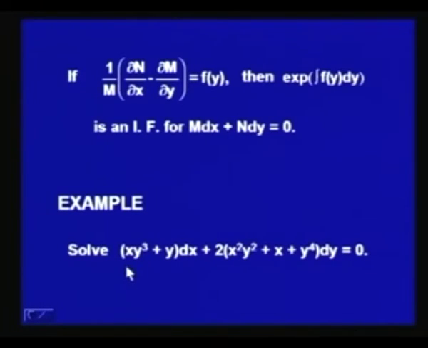For example, let us consider the differential equation (xy cube plus y) dx plus (2 times x square y square plus x plus y^4) dy equal to 0. So, here m is xy cube plus y, and n is 2 times x square y square plus x plus y^4.